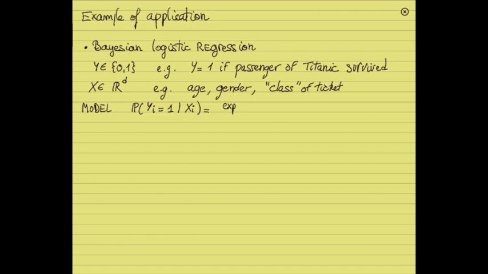So the logistic regression stipulates that the probability that y is equal to 1 is the exponential of x transpose beta divided by 1 plus exponential of x transpose beta, also called the expit function of x transpose beta. So it's a linear regression because it's x transpose beta, but it's transformed to take values in the interval 0, 1 so that it could represent a probability.